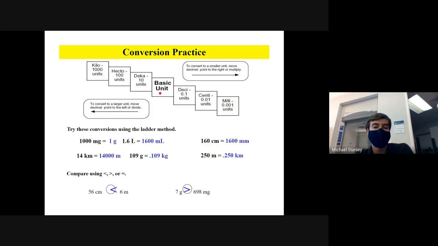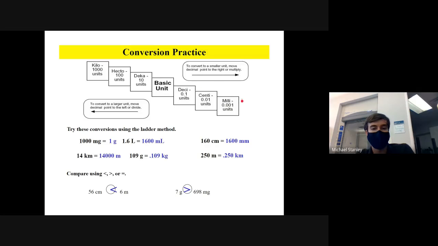So liters, base unit, milliliters is a milli unit. So we're going to be going to the right once more. And from the base unit to milli, we go 1, 2, 3 jumps to the right.